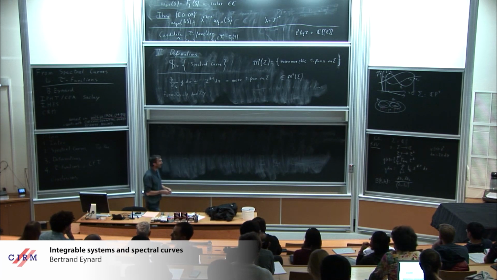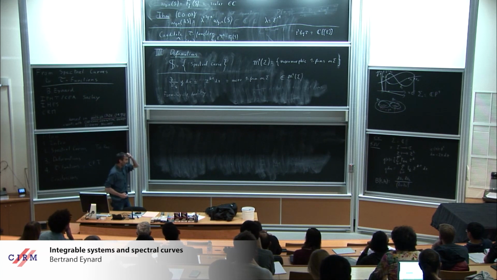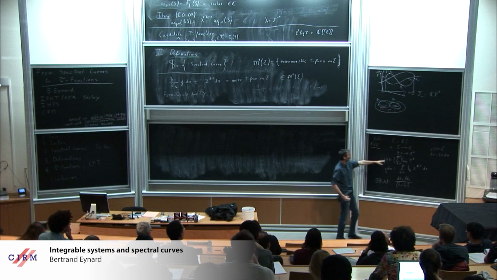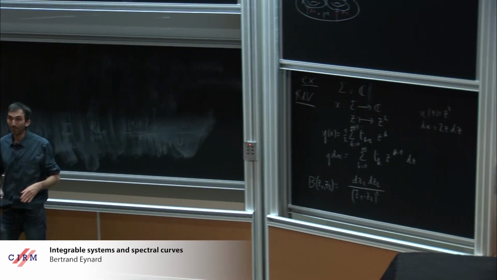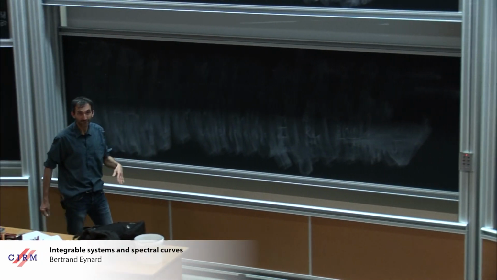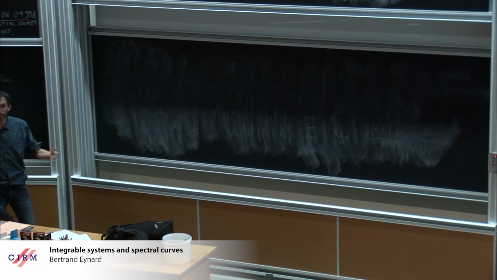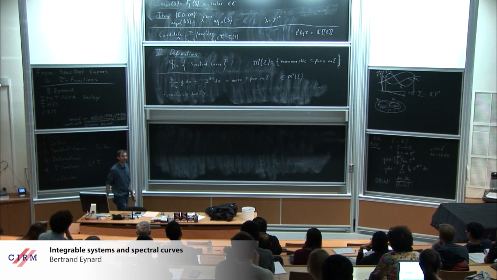And more generally, if you take a compact curve where y has several poles, here y has poles at infinity only, but if you have several poles, you would get a multi-component KP if the curve is compact. If it's not compact, for instance if you have logs, you can get tau functions of other kinds.